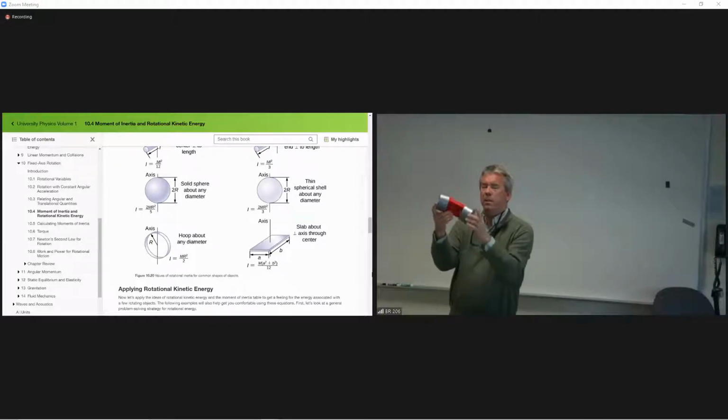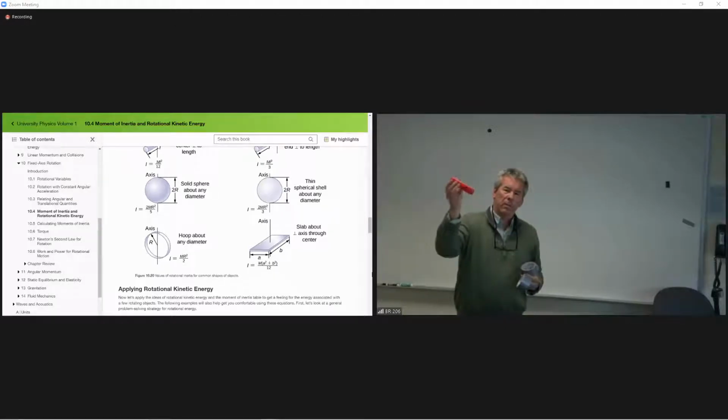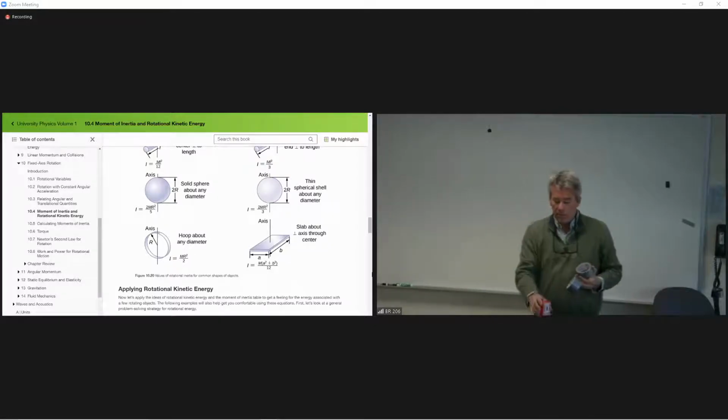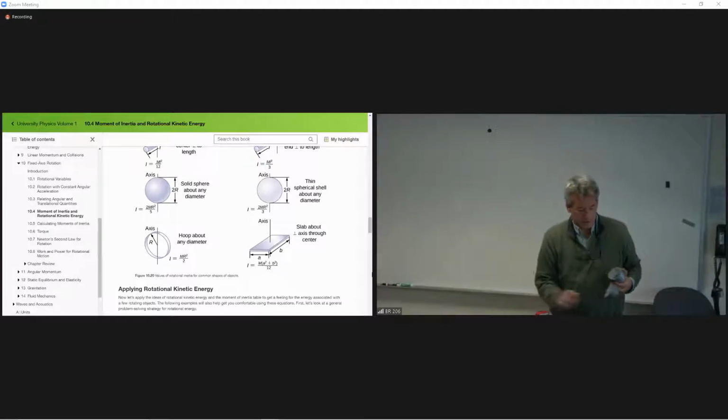The moment of inertia of this tape roll plus iOLab combo is the moment of inertia of two rolls of tape plus the moment of inertia of the iOLab. The moment of inertia of a roll of tape, well, you can calculate that if you know, oh, where is it?